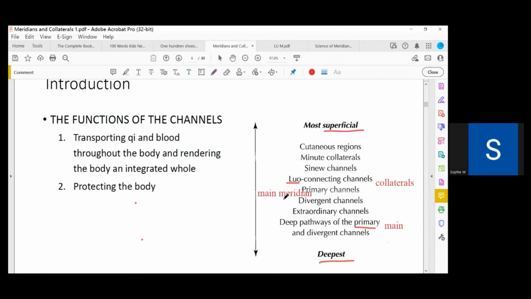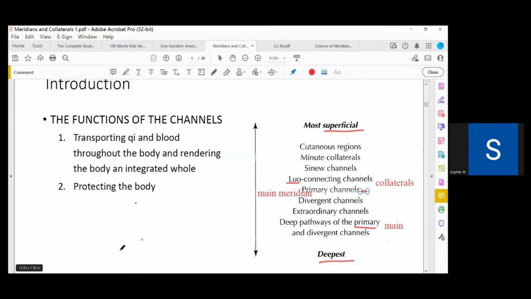So you must be very confused why here there's main meridian, here main meridian again. So that means the main meridian will connect with the organs. When we talk about the meridians, we know it will connect with the organs.